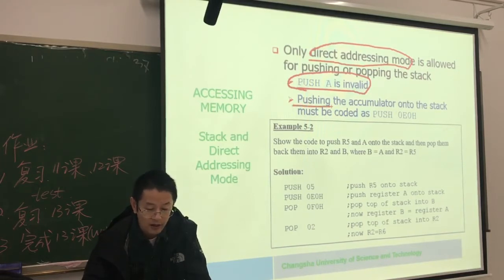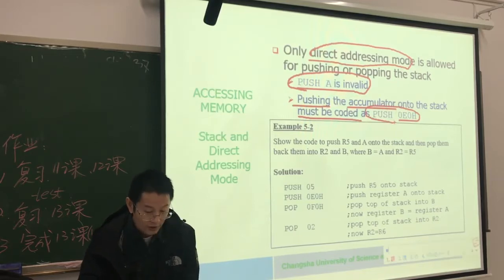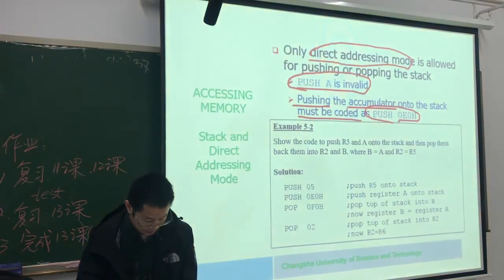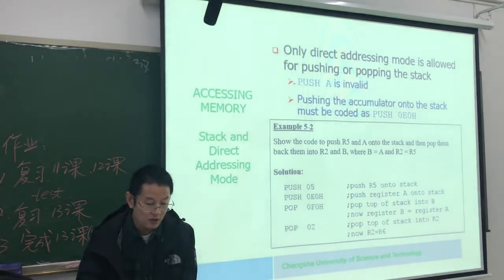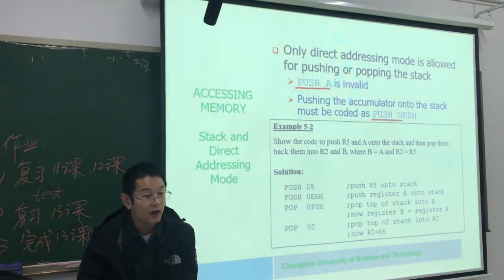Pushing the accumulator onto the stack must be coded as PUSH 0E0H. You cannot use PUSH A, but you can use PUSH 0E0H.